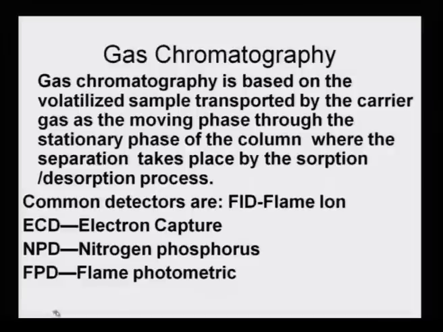Then how to find out whether the separation has actually taken place? So, there needs to be a detector, and different gas chromatographs have different types of detectors. The common detectors are FID or flame ionization detector, ECD electron capture detector, NPD nitrogen phosphorus detector, FPD flame photometric detector, and many more.